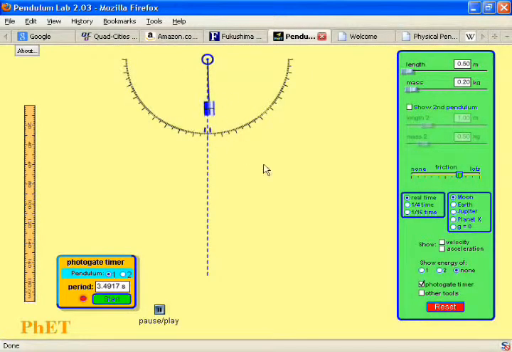So let's look on like the Earth. Okay, here's what this would look like on the Earth. More of a physical pendulum. Of course, we got the friction too low for the Earth, so it's going to go forever.